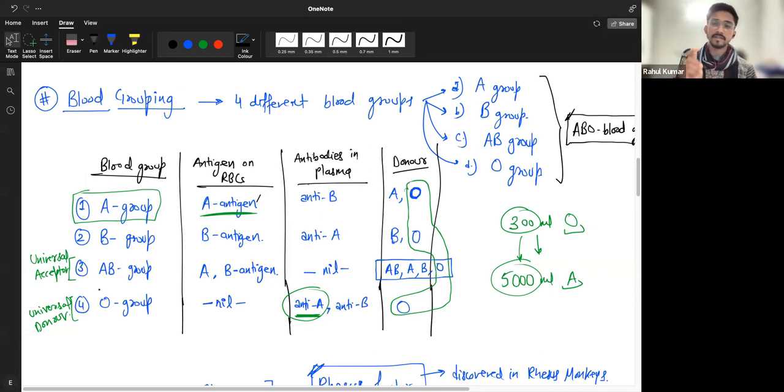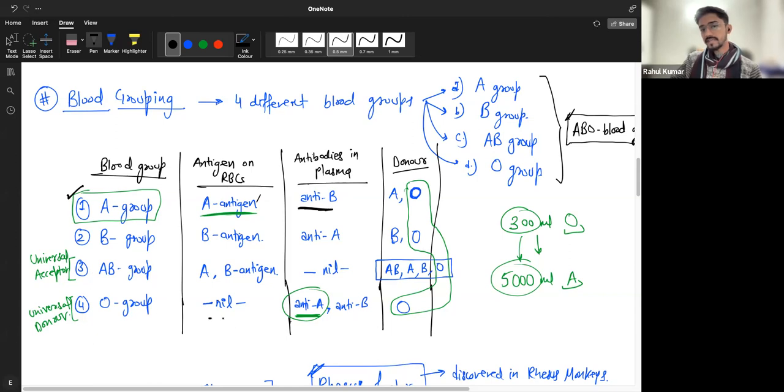If the limiting factor is antibody, then the reaction will be very slow, and you can withstand it. For example, if I give an O group into a person's body, what does A have? It has anti-B, right? The antibody is this, which is present in A blood group, correct?